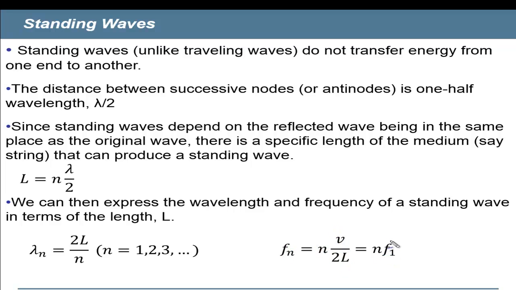We call this the fundamental frequency of that particular string or that particular wave, and then we can have other frequencies on top of that. So say F3 would be 3 times the wave speed divided by twice the length.